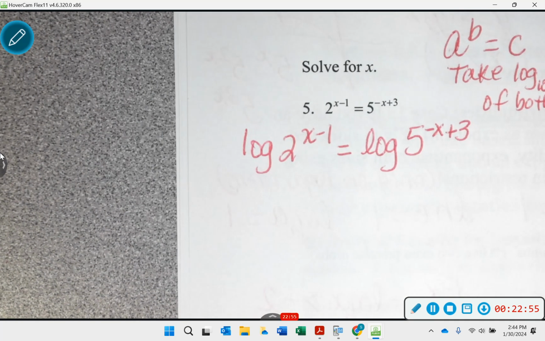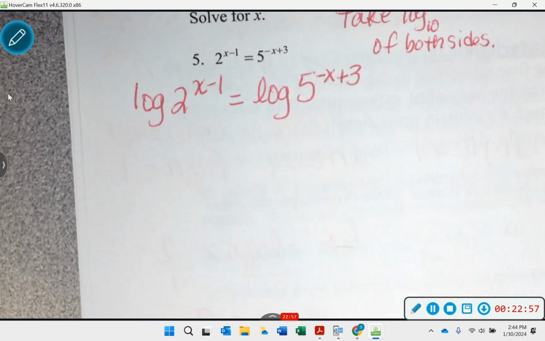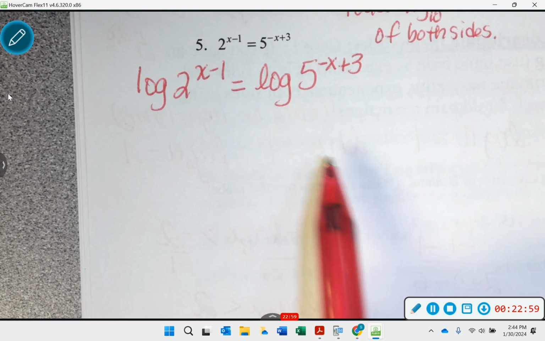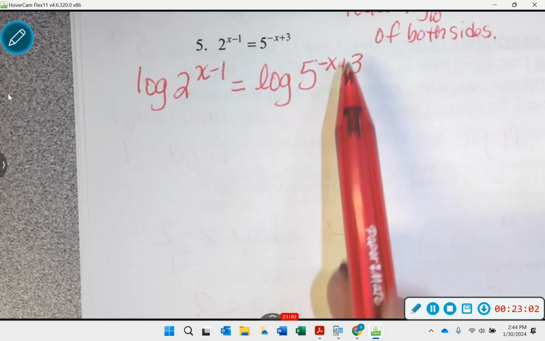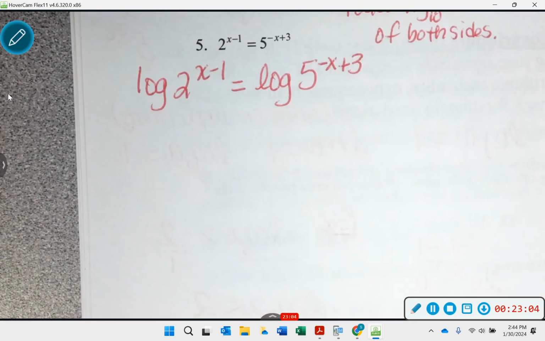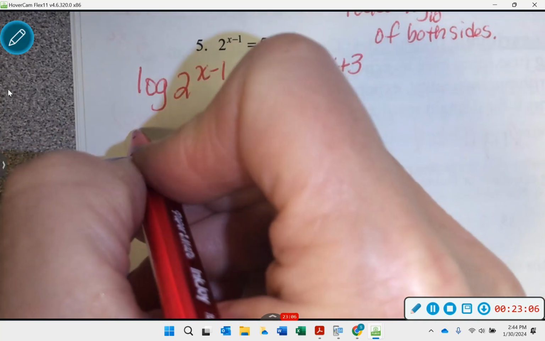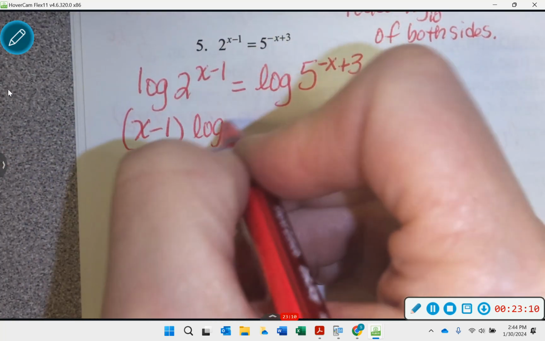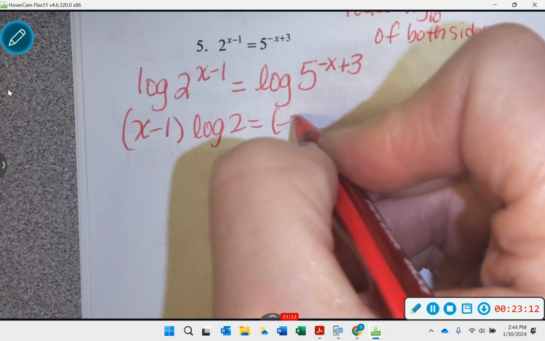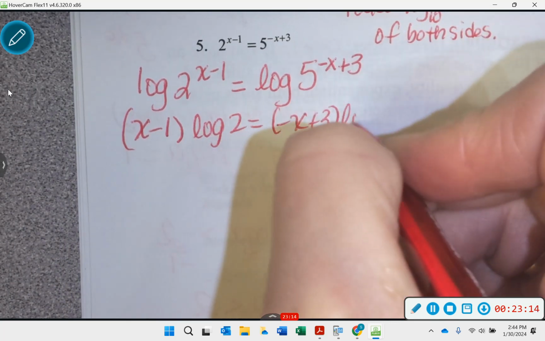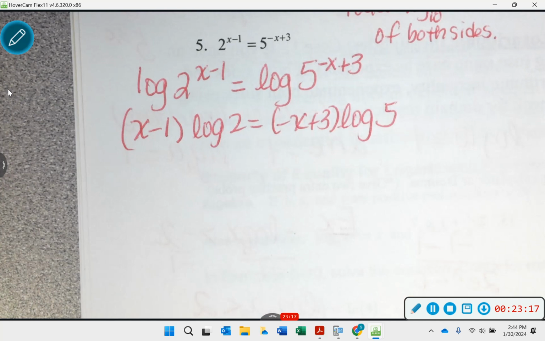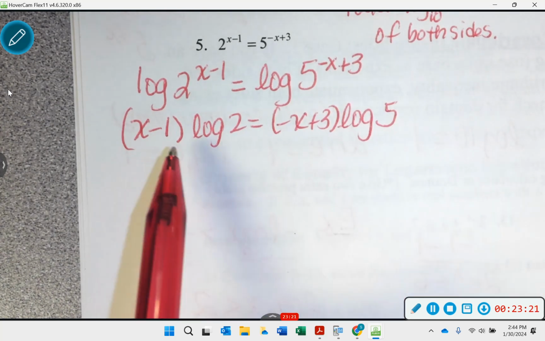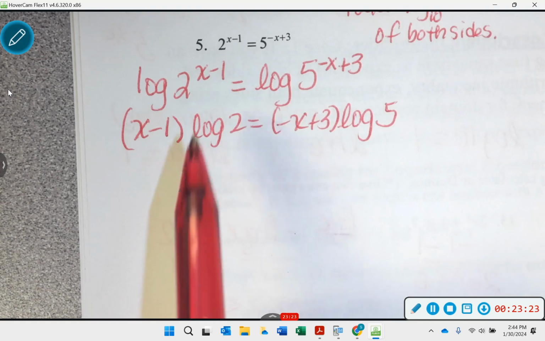All right, guys, what do exponents become? Coefficients. So we are going to have to make these coefficients. So now we have (x minus 1) log 2 equals (negative x plus 3) log 5. We're trying to solve for x. We've got to get the x's all together and solve for it.